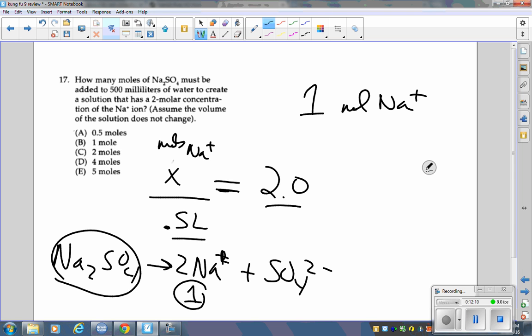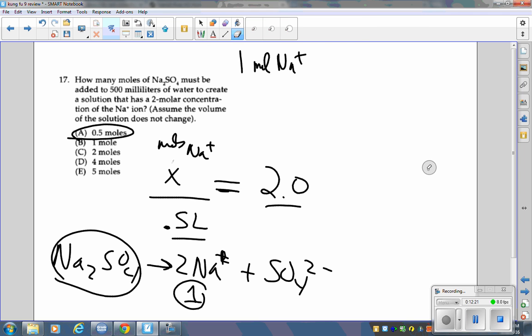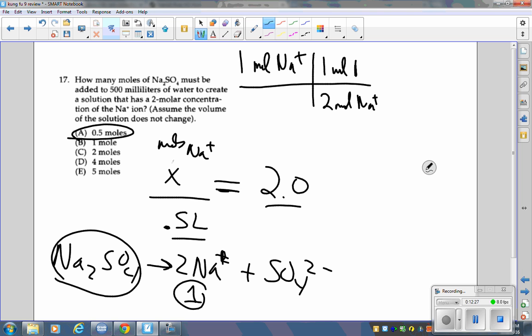You say 1 mole of Na+. Well, what do you know? You know that there are 2 moles of Na+ in 1 mole of Na2SO4. So you could do it that way if you want, and ultimately cancel out, and that would tell you, because they're asking you how many moles of Na2SO4, if you want to do that in a grid, you could do it that way. You have to pay attention to the ion ratios.